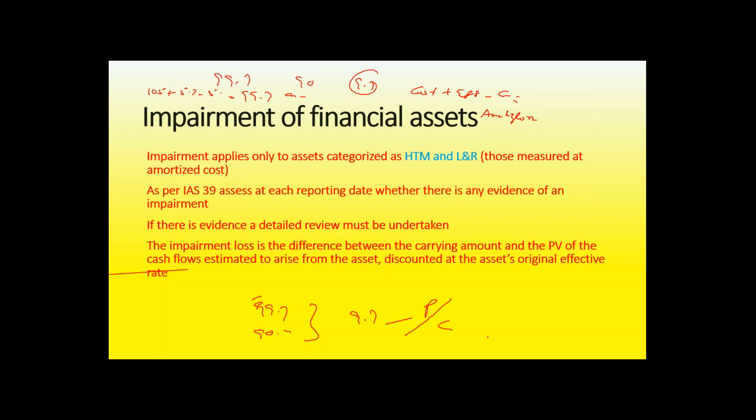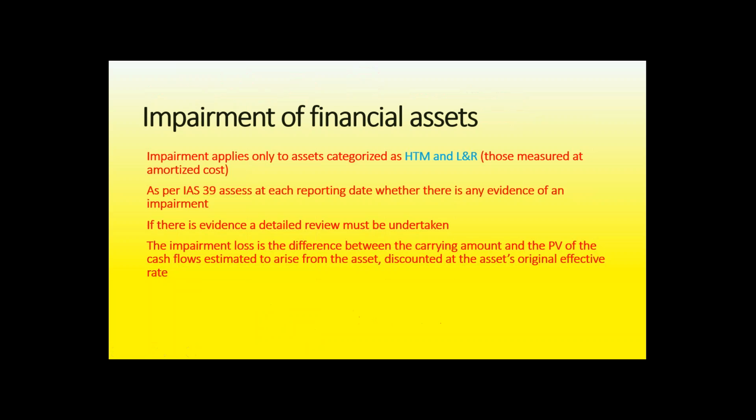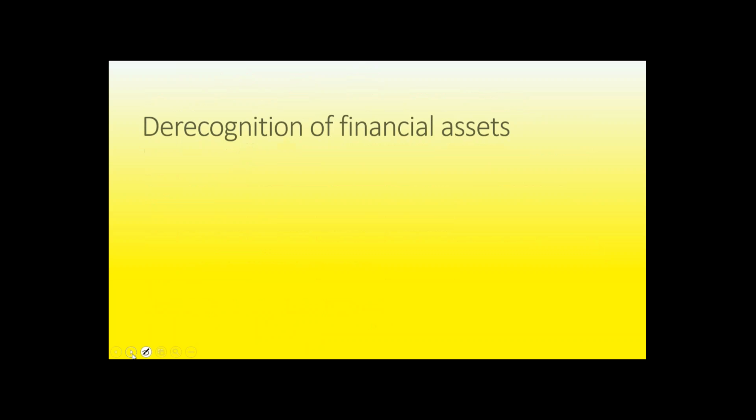Basically, that is what we do, because IAS 39 says impairment losses are recognized immediately in P&L. So 9.7 is the impairment loss, charged to the P&L straight away.